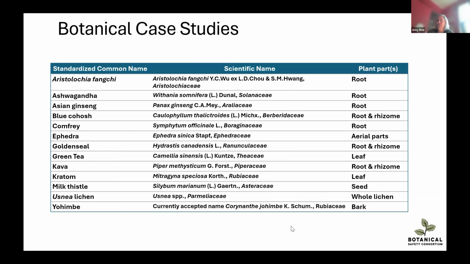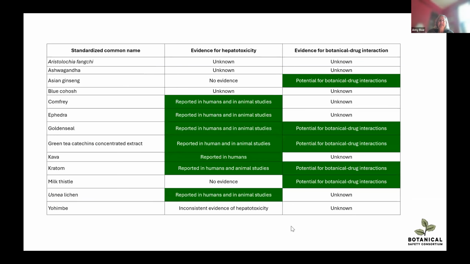We started with the original 13, and what you see highlighted in green here is reports in the literature, either in vitro or in vivo, in animals or human case reports of liver liability, liver toxicity, or potential botanical drug interaction.